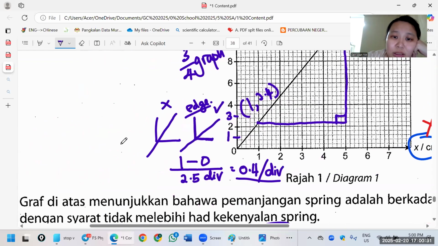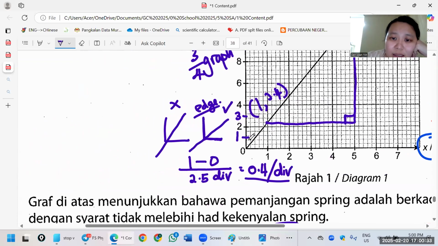Very easy. Let's say 2 minus 0 divided by 5. 5 divisions, you can see. Now I use another part, I also can use this: 2 minus 0 divided by 0, 1, 2, 3, 4, 5. 5 divisions.